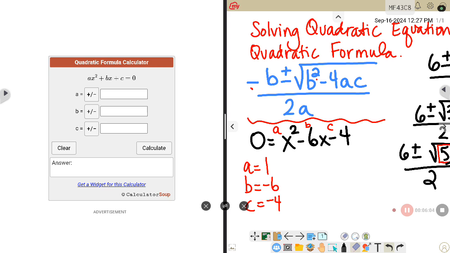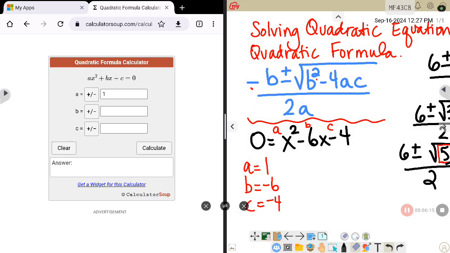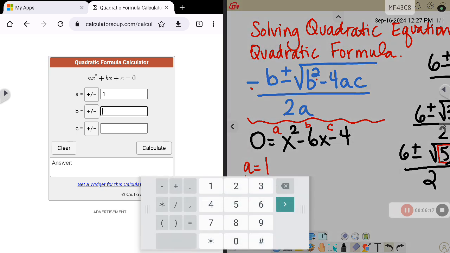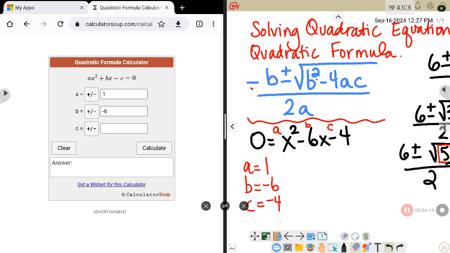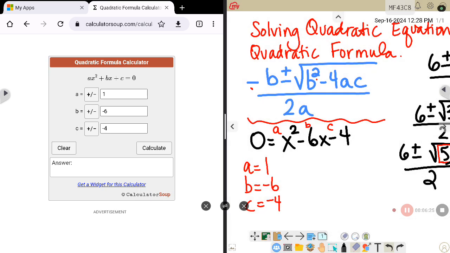Remember my numbers were: A is 1, B was negative 6, and then my C was negative 4. And then I'm going to hit calculate.